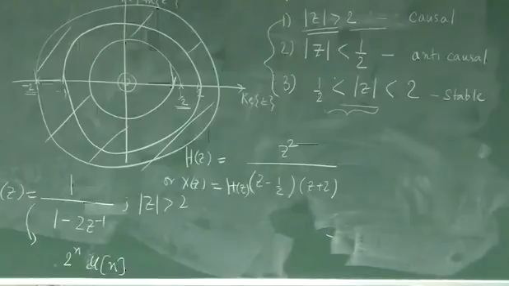So what if I have a system like this? Is that a stable system? The ROC is essentially the whole of z. Is it a causal system?